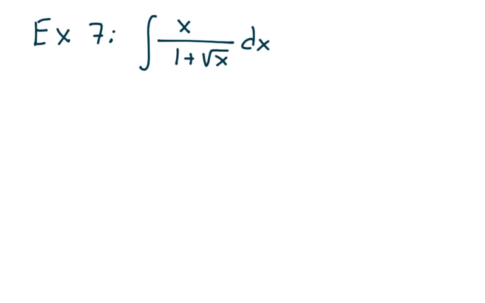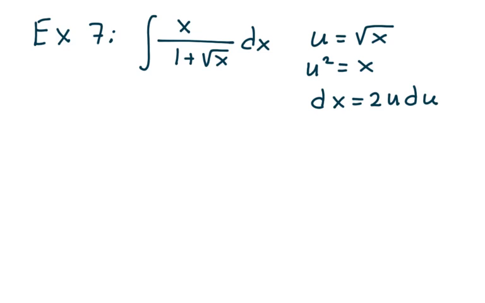Now, this one doesn't fall under any sort of category, shall we say, but I always like to get rid of radicals, and so I always start off with some type of substitution like u equals square root of x. Because if I square both sides, I get u squared equals x, and directly speaking, I could say dx is 2u du.